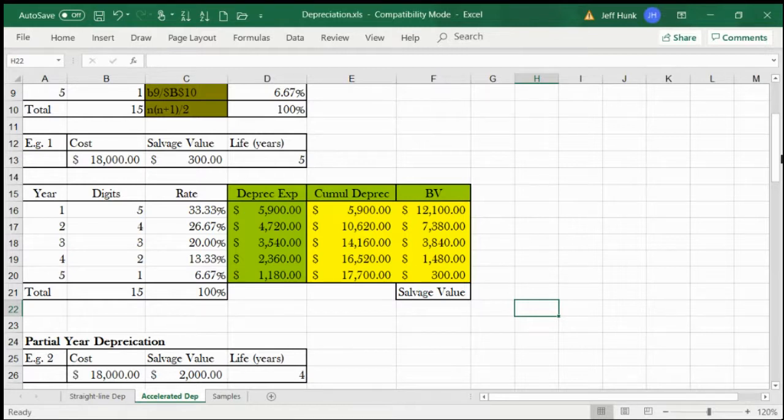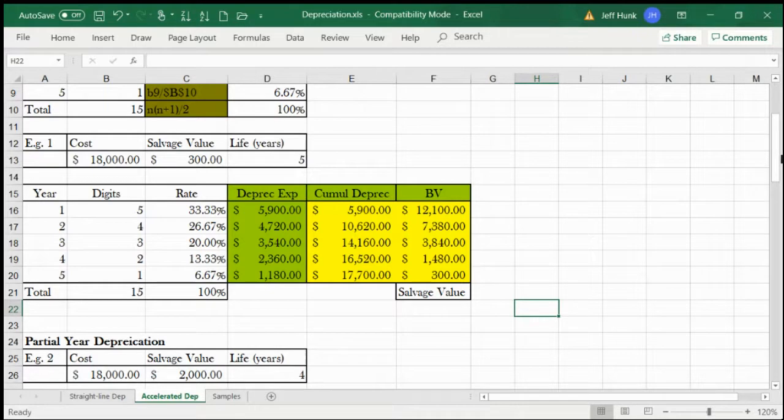You can purchase the asset at any random point during a year. It could be June 15th, May 13th, May 21st, March 17th. The day you purchase that asset and install that equipment or capital asset in your company, that's the starting point.